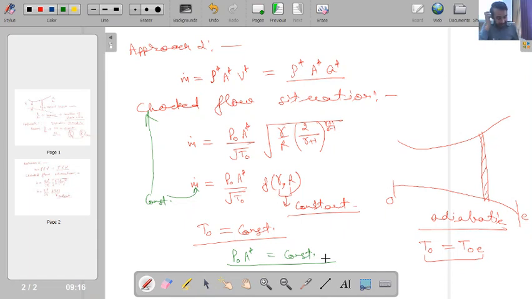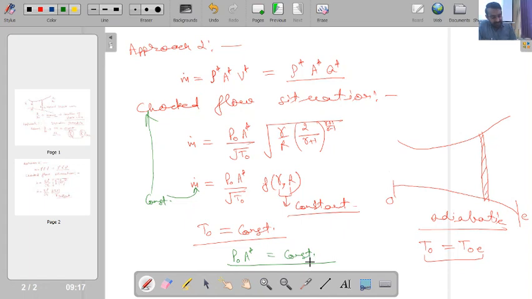Now for a nozzle, remember this point, P naught over here is the reservoir pressure. For the reservoir, static and stagnation pressure both will be the same, so ultimately I am treating it as a stagnation pressure. So this is the stagnation pressure of the reservoir, into A star equal to constant.